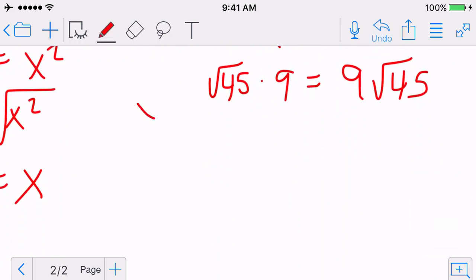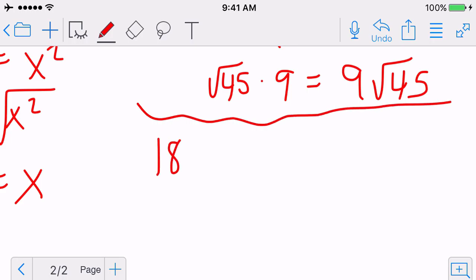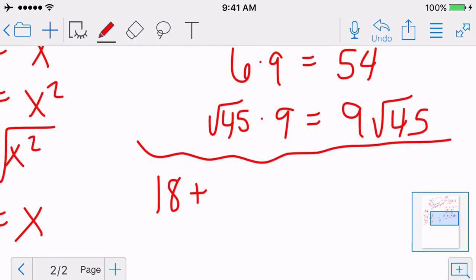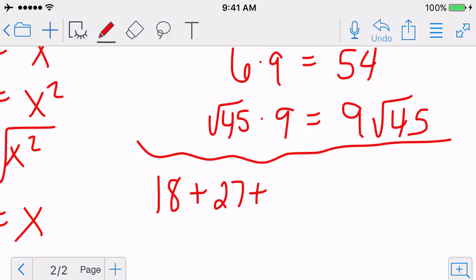So 9 and 9 would give us 18 for our 2 bases. And then we've got 27, 54. And then we've got to add in that 9 radical 45.